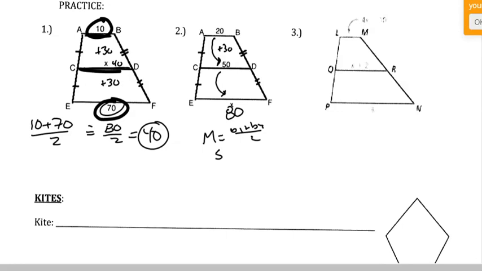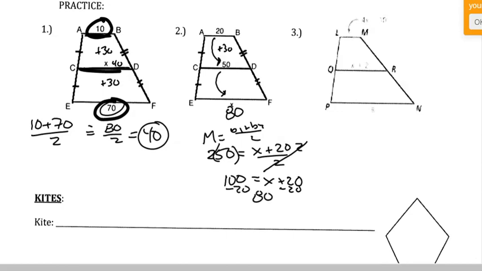So midsegment, in this case they gave it to us, 50 equals base 1, which I don't know, x, plus base 2, 20 over 2. And you guys should remember how to solve these equations from Algebra 1. Multiply by 2 on both sides, you get 100 equals x plus 20. And when you subtract 20 from both sides, you get your 80, which is the same thing we got when we did it in our head.